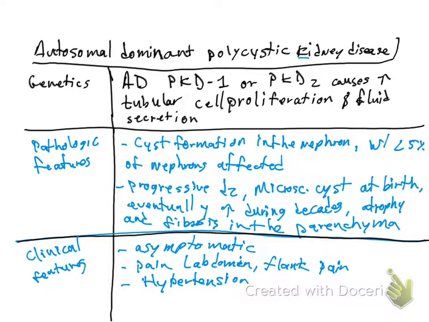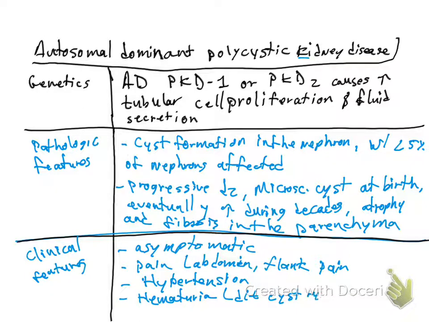Now, if the cyst continues growing, one time this cyst is going to break. If this cyst breaks, the patient can present with hematuria due to cyst rupture.